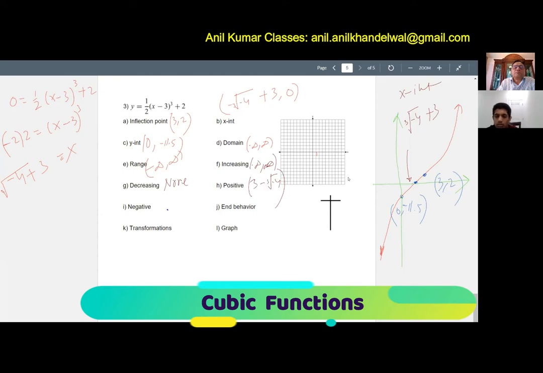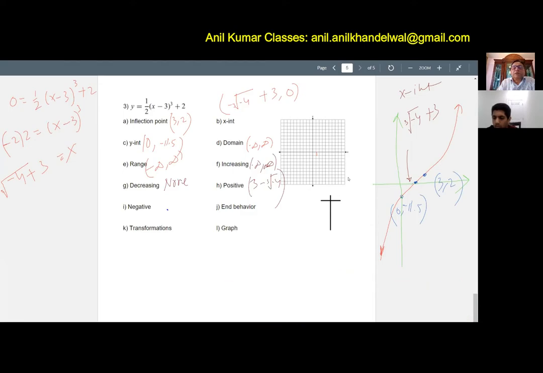So cube root of minus 4 plus 3 is 3 minus cube root of 4. It's better to write 3 minus cube root of 4. Then we know it's slightly on the left side.